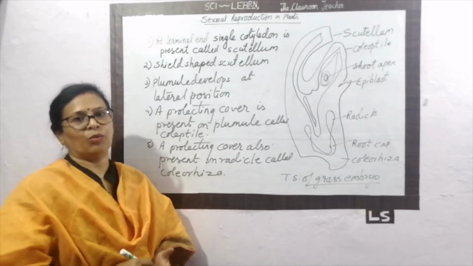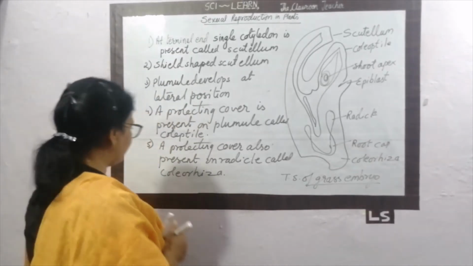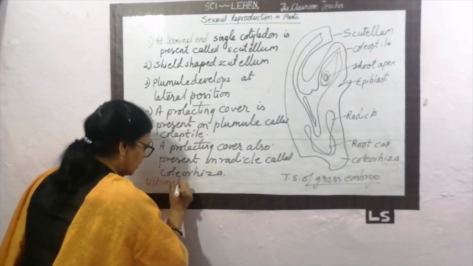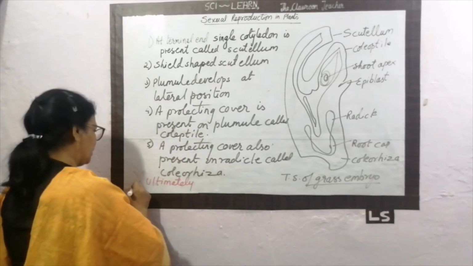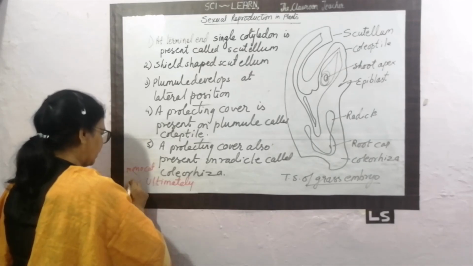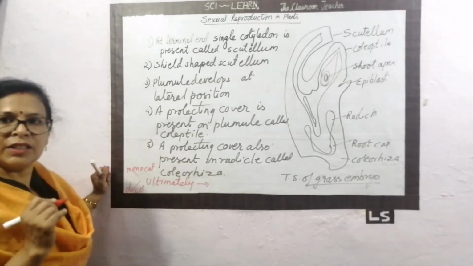And ultimately, what happens? Ultimately, as the result of both monocot and dicot, a seed is formed.